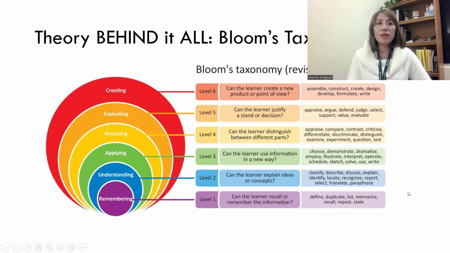Actually, that's not even thinking. At the lowest level, you're just asking students to tell you what you told them, or you're just developing memorization. That's not bad at all, but we hope that you also design a lesson that requires higher order thinking skills, or HOTS.